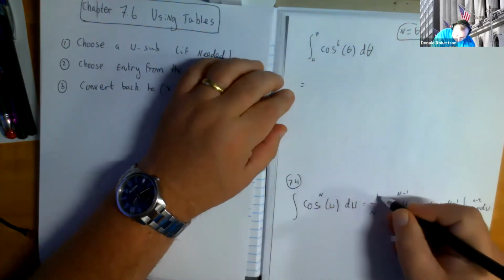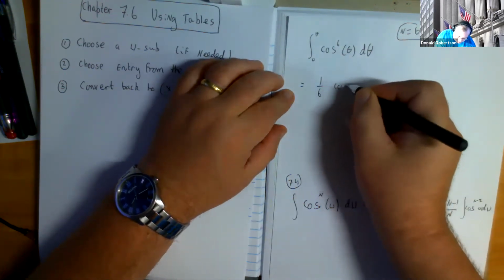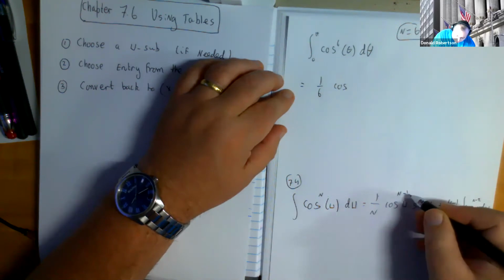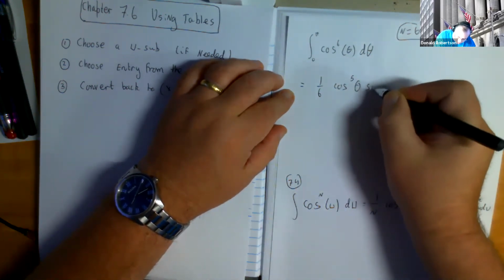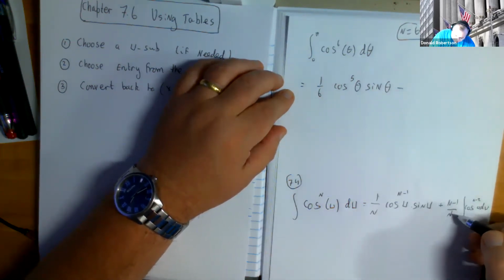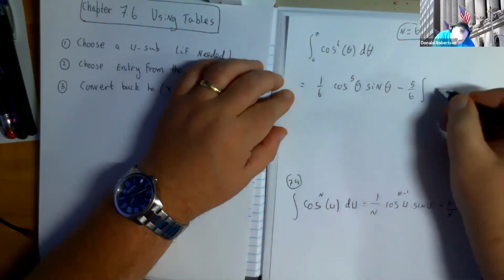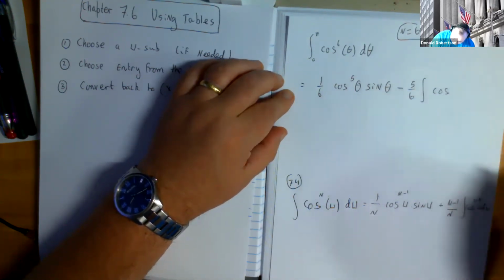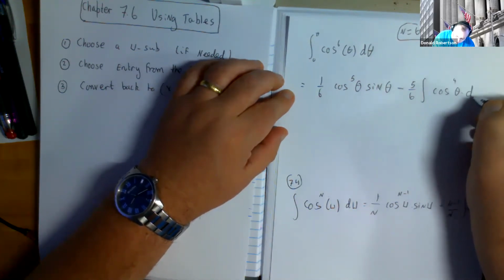We get 1 over 6, the cosine to n take away 1, so that's the 5th power of theta. Sine u becomes sine theta. Plus n minus 1 over n is basically 5/6. The integral of the cosine of n take away 2 is 4 theta d theta.